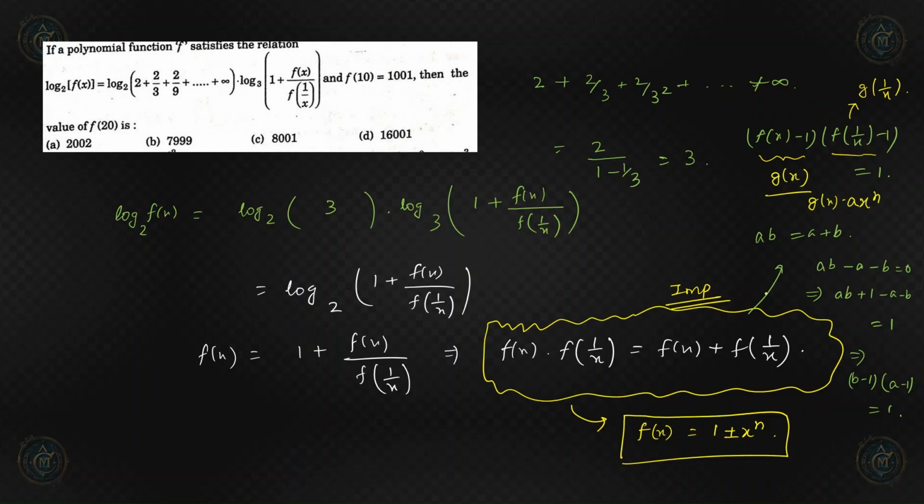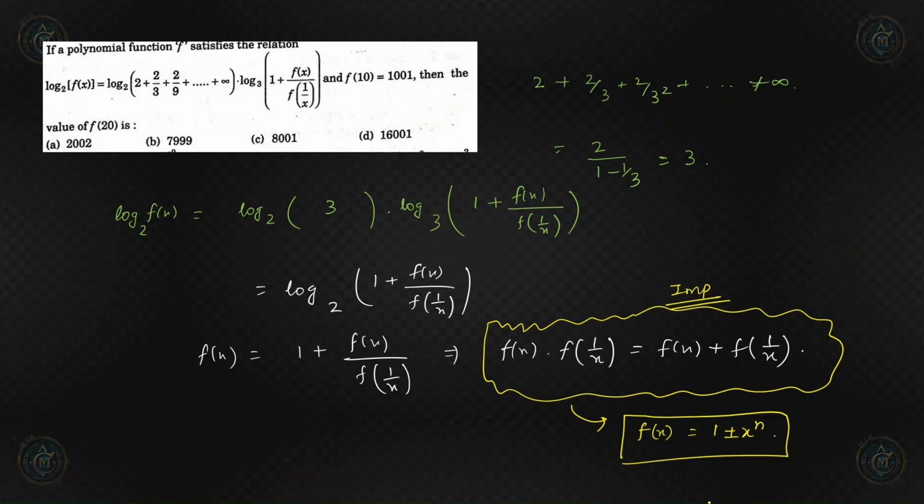If we satisfy this condition, we get a squared equal to 1, that means a equal to plus minus 1. So g(x) must be of the form plus minus x to the power n, and f(x) will be 1 plus minus x to the power n. This is the outline of the derivation. You can directly remember the result. So if we jump to the question here, we get f(x) equal to 1 plus minus x to the power n. Then we have to find the value of n using the given information.